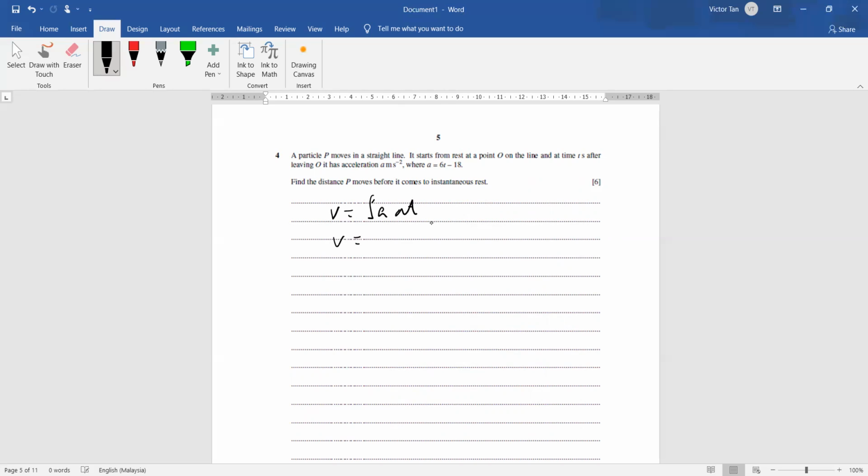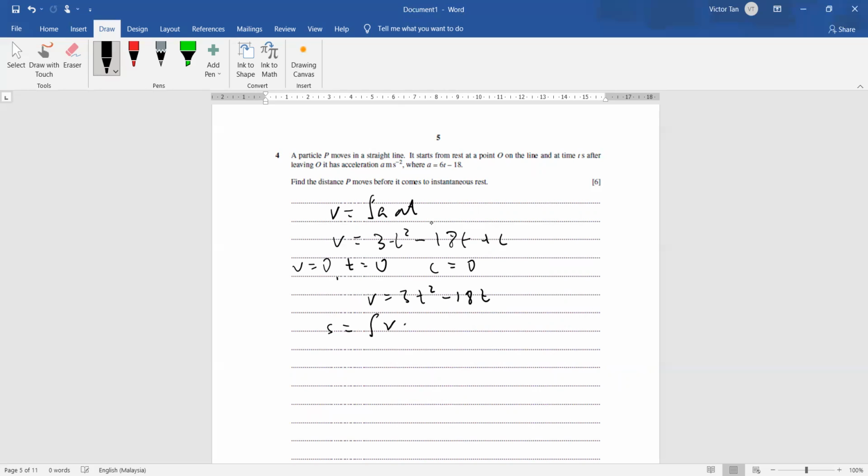V equals 3t squared minus 18t plus C. It starts from rest at time t equals 0, so V is 0. So C is 0. So V equals 3t squared minus 18t.